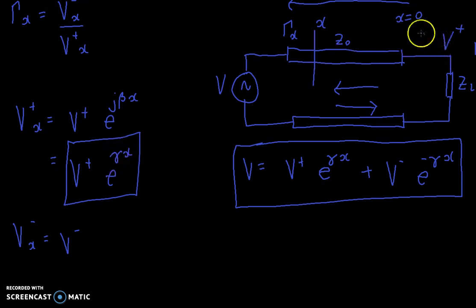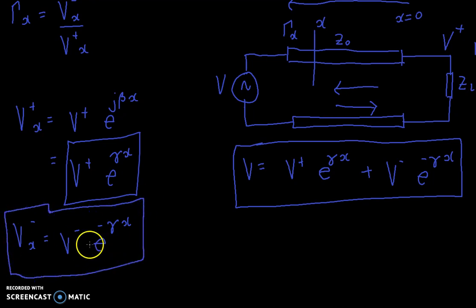So as the voltage goes from right to left, V minus is multiplied by e to the minus gamma x, because as the voltage travels from right to left, x increases. So we have to multiply this x here by minus to make sure that our amplitude decreases. So this is what the V minus at x is.